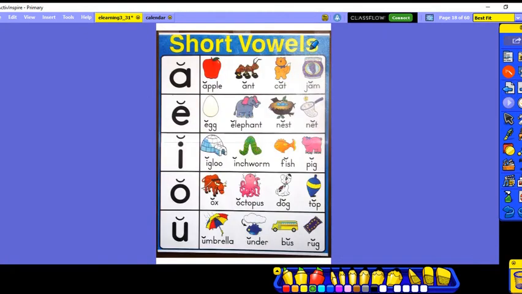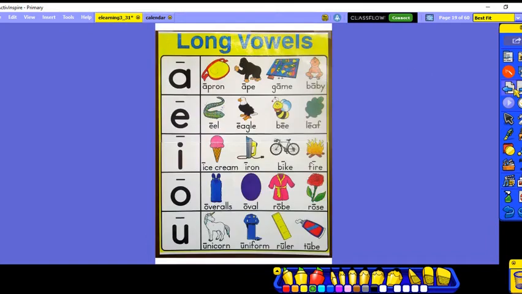Now, short vowels, apple, ant, cat, and jam are the first vowels that we turned over when we were looking at our alphabet. When we learned all of our sounds, we learned short vowels first. Cat, jam. Now we're talking about long vowels that say their name, like apron, ape, game, and baby.